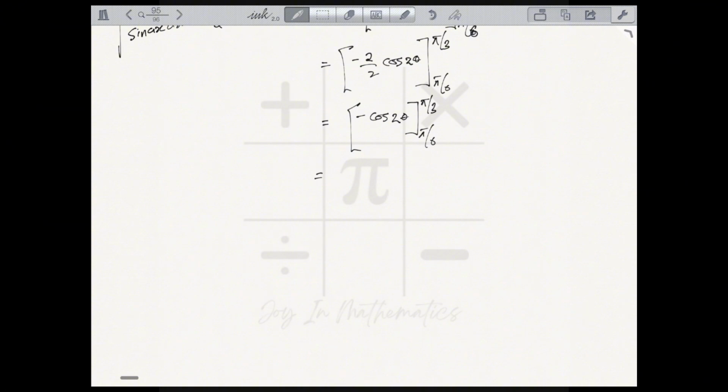Substituting the upper limit, which is pi over 3, we have minus cos 2 pi over 3. And substituting the lower limit, we will have minus minus cos 2 into pi over 6. When we plug this into our calculator, we will have our answer to be equal to 1.